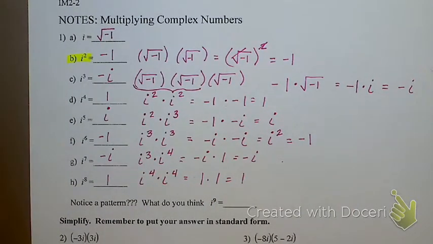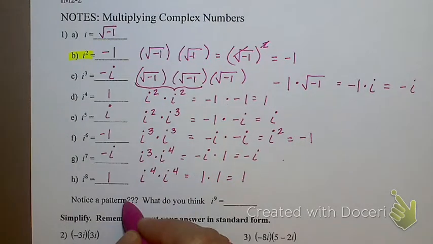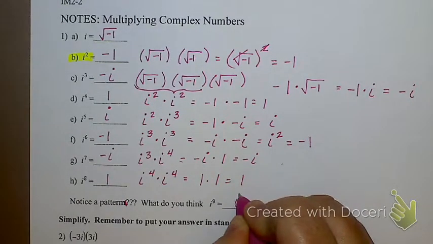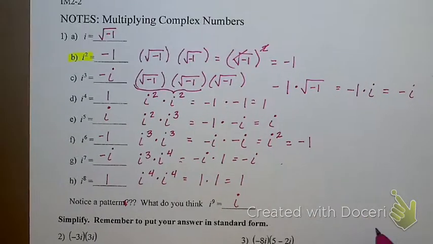Any guesses? First off, do you notice my typo? Pattern has an N at the end, not an M. But anyways, what do you think i to the 9th is going to be? Positive i. What is the pattern?